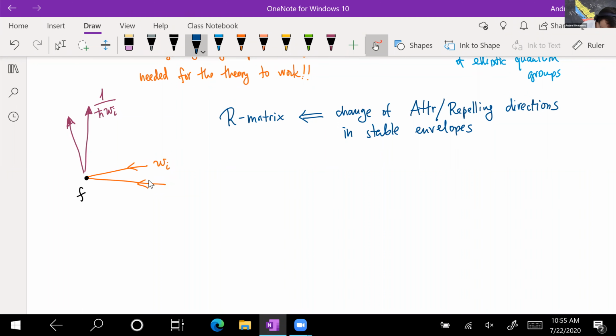In particular, previously for one choice of attracting and repelling, the attracting manifold had its class as a product of functions of H bar minus Wi. This is for one choice.